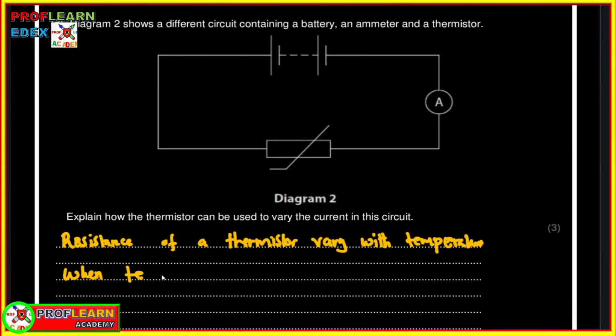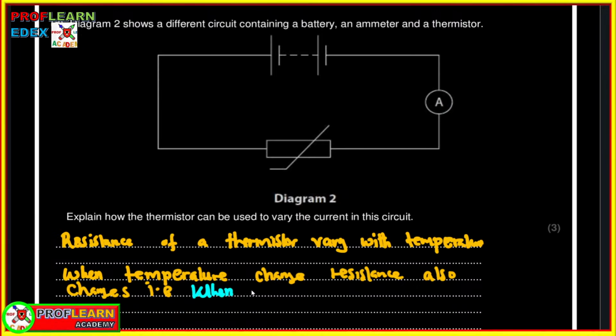So when temperature changes, for instance, when temperature increases, resistance is going to decrease, therefore current increases.